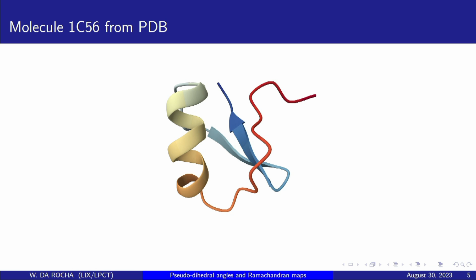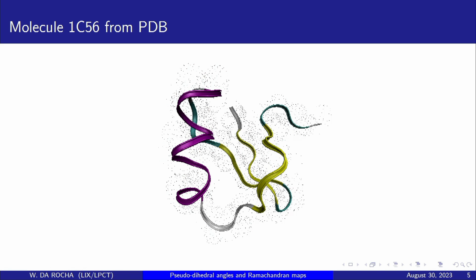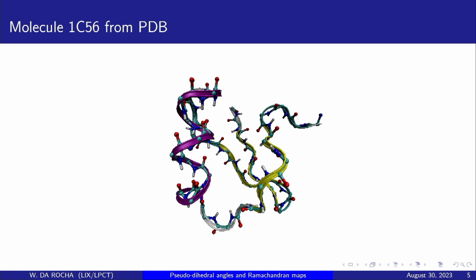Just to see how we can convert this visualization to the other ones with spheres and bonds, here I am just using a different representation of this protein. Here is another one, where I am replacing it with a representation with spheres and bonds. And here just this representation, because this one is the one that I am dealing with.